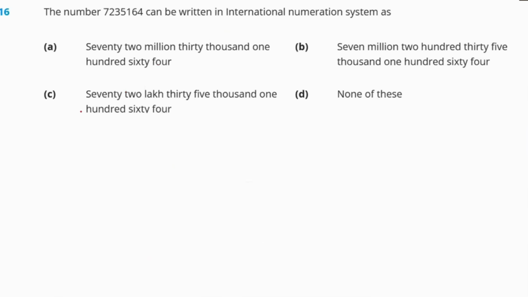The number 7235164 can be written in the international numeral system as?